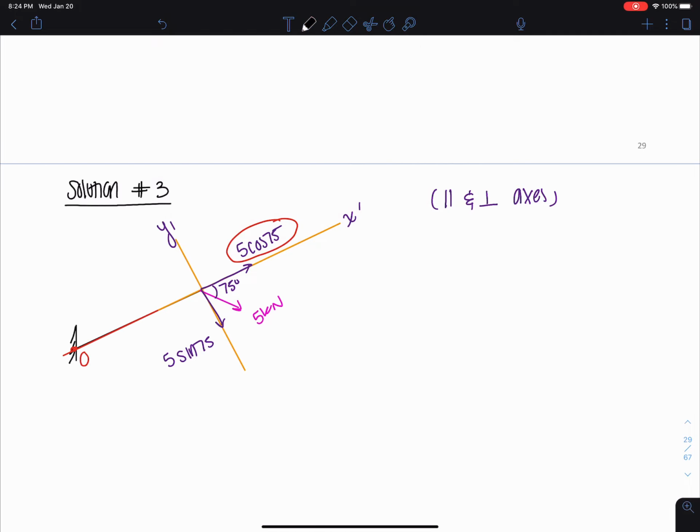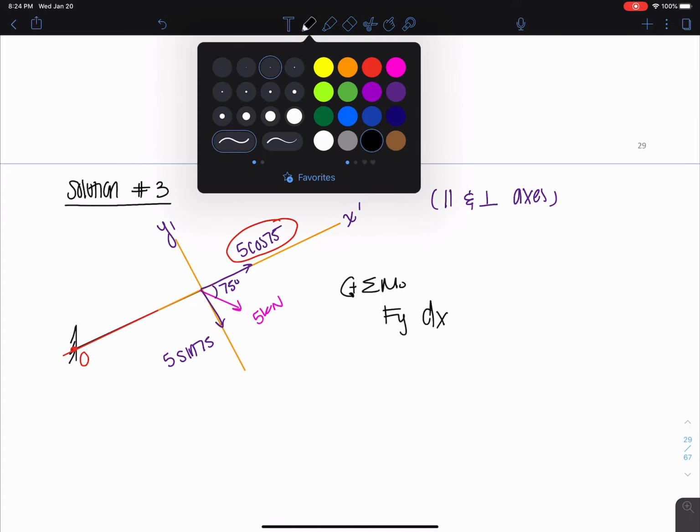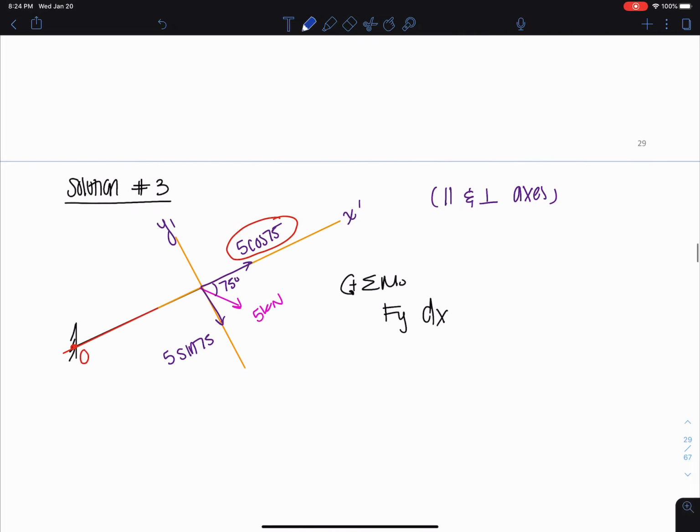So the only force we have to consider now to get the sum of moments about point O, counterclockwise is positive, is just Fy times dx. And Fy here, which is that 5 sine 75, acts in this direction, which is clockwise, so it's going to be negative. So if I plug in everything here, I get negative 5 sine 75 times 3.